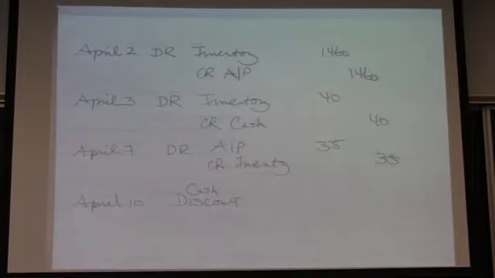The cash discount is going to be the $1,460 less this $35, because remember we returned it, times 2%, to give us $29. That's the cash discount.